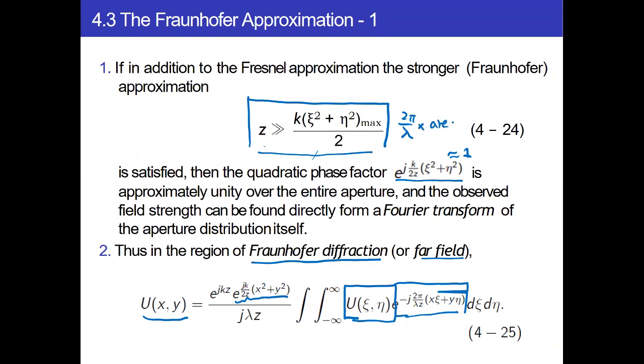And if that's the case, and z is much farther away than this value, then our field is nothing but the Fourier transformation of the field at the aperture.